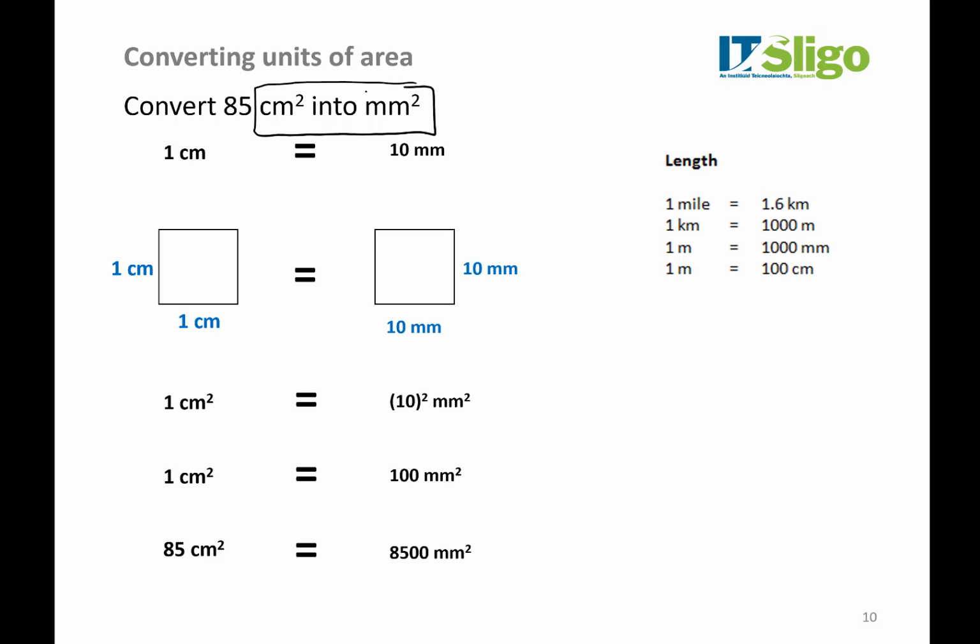And we get our answer there, 8,500 millimeters squared. Just be careful, guys, it's very common people just write 850 because they think, oh, there's 10 of these, just multiply by 10. It's not that straightforward. I hope the diagram makes that clear.